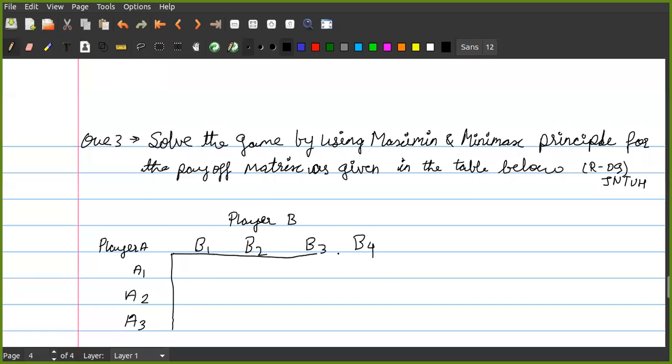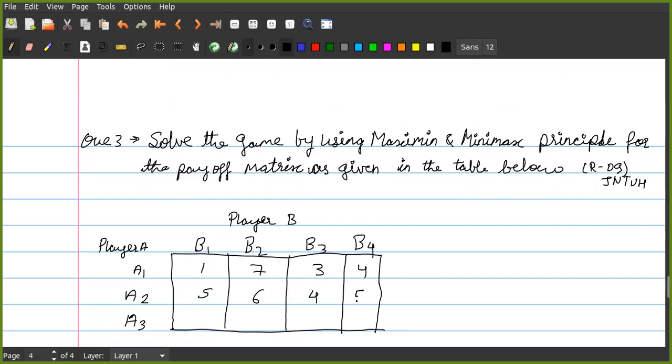So you have this table like this, and the values are 1, 7, 3, 4, 5, 6, 4, 5, 7, 2, 0, 3.